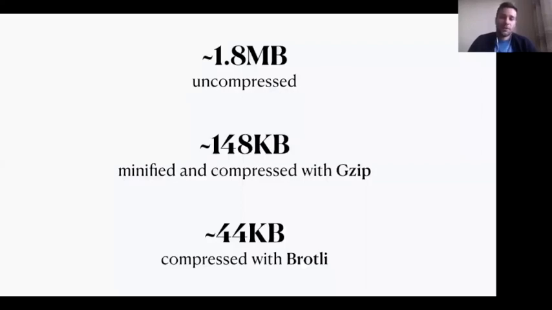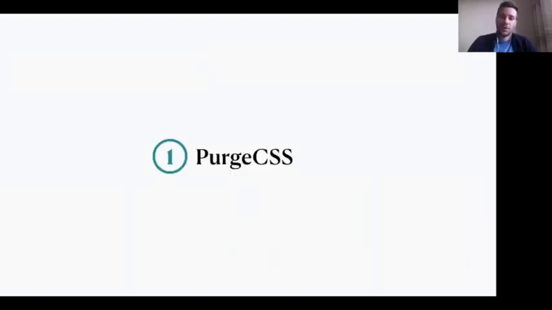And you're correct. Tailwind's default bundle size is pretty large for any production app. So you probably don't want to start with something like this. The approach that Tailwind recommends here is using PurgeCSS.